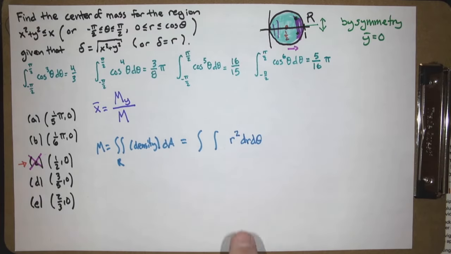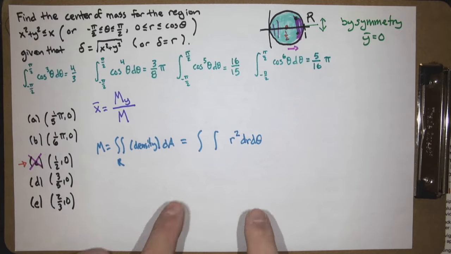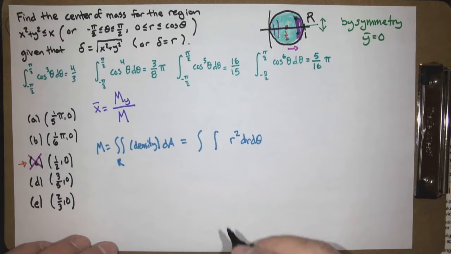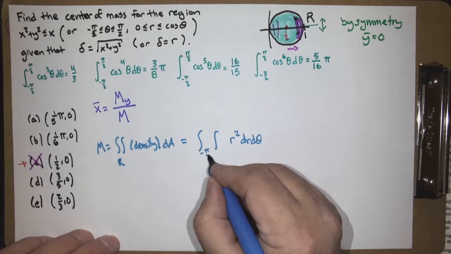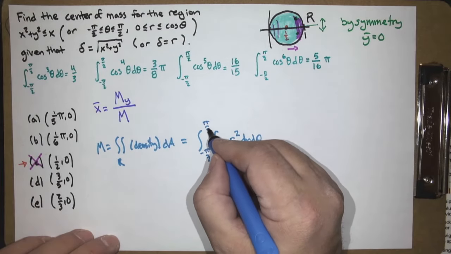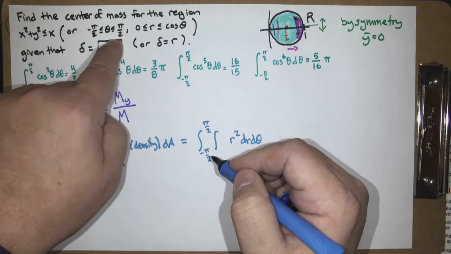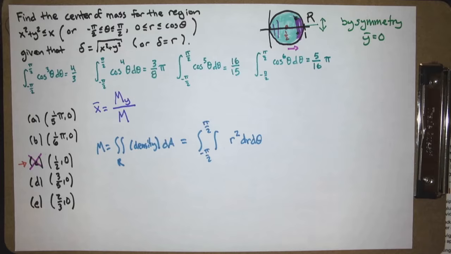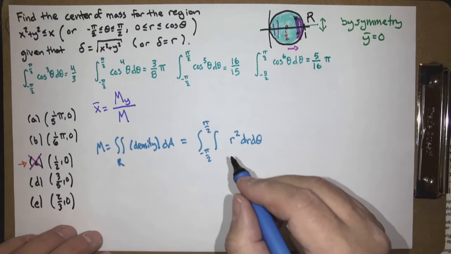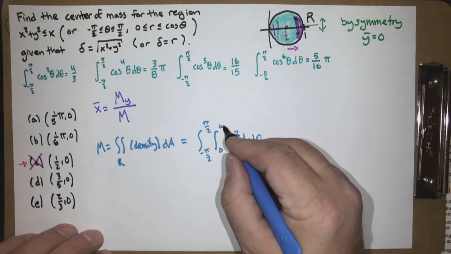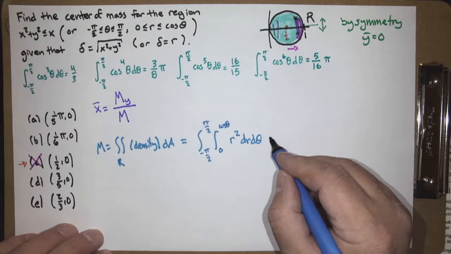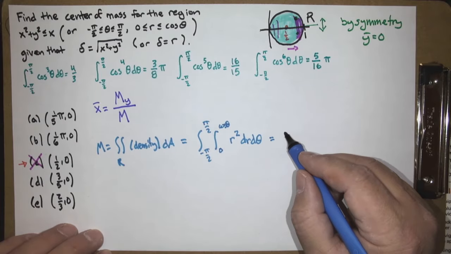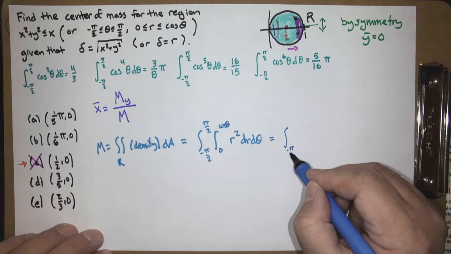So the r squared comes from the density plus the little bit of dA. Where does theta go between? Negative pi over 2 to pi over 2, because it told us, that's very nice that they did that. Where does r go between? 0 to cosine theta. So, well, you integrate r squared, and what do you get?